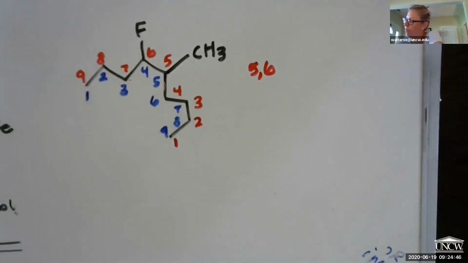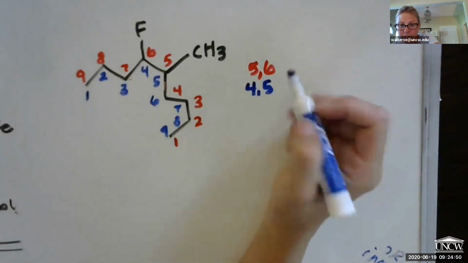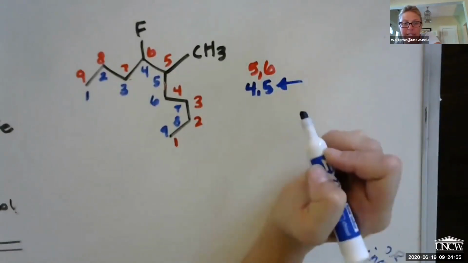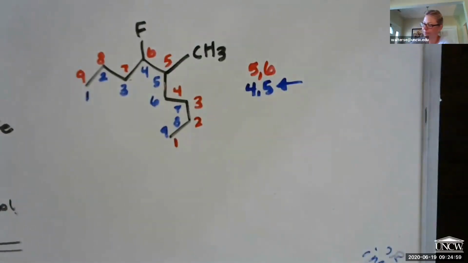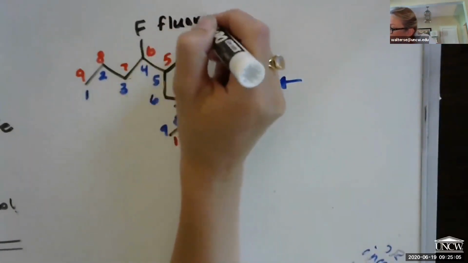The blue pathway has substituents on 4 and 5. So this is the best numbering scheme. This would be a fluoro substituent.